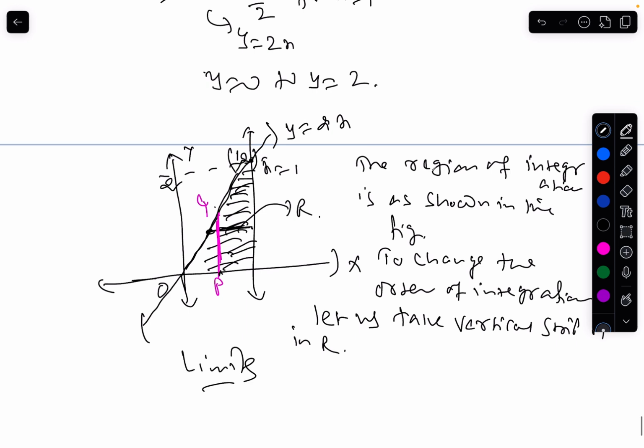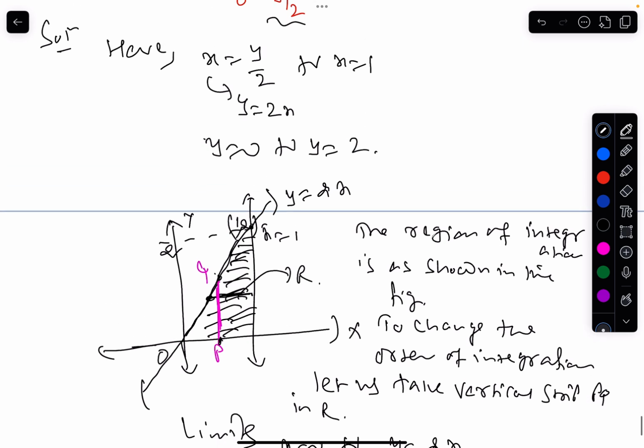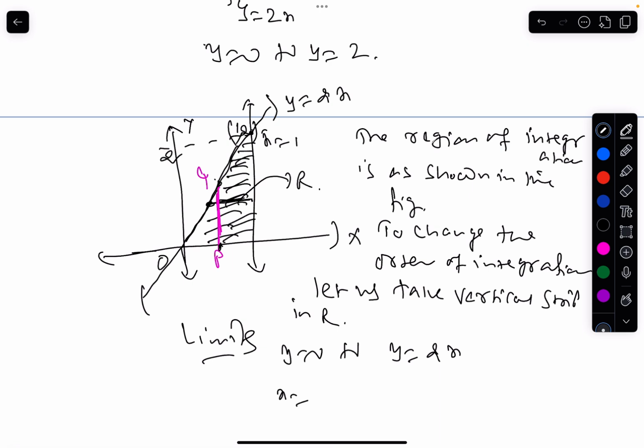So here y is 0 to here y is 2x. And that strip slides horizontally from here to here. So x is equal to 0 to x is equal to 1.